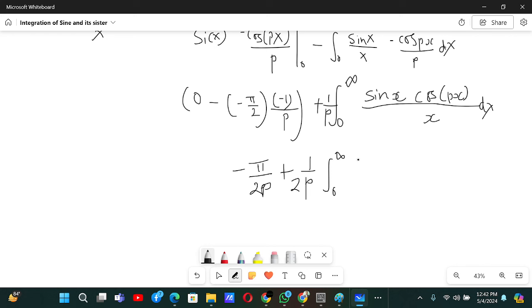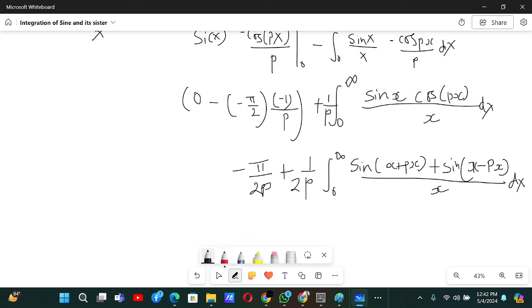So basically we will have sin of (a plus px) plus sin of (a minus px). Yes, basically a is x, so sin of (x plus px) plus sin of (x minus px) by x dx.